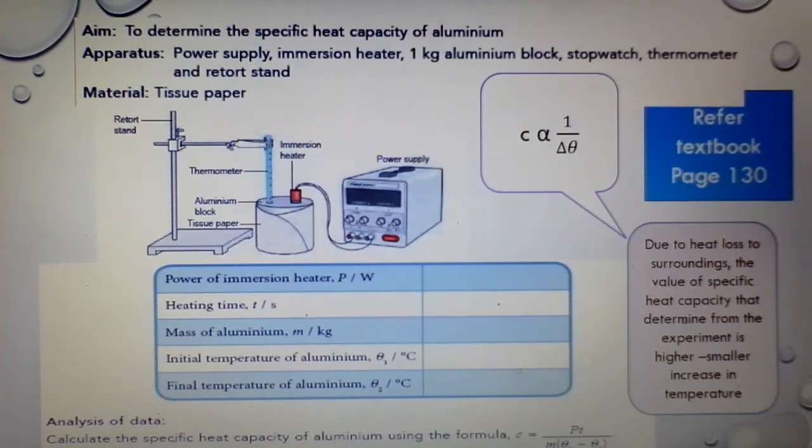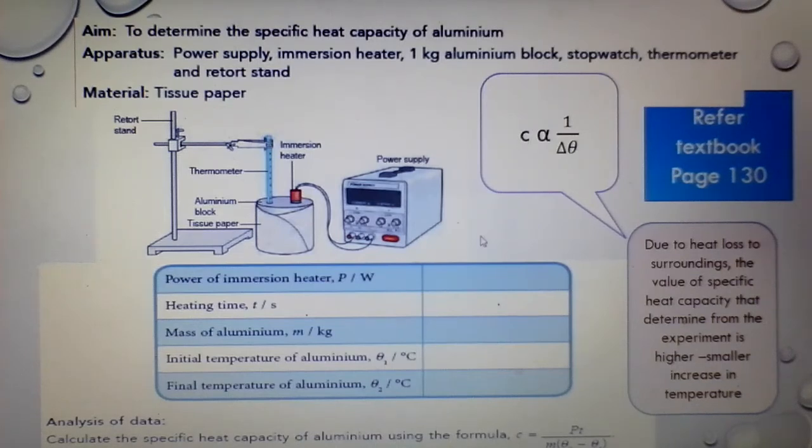That cannot be because there's always heat loss to surrounding. When there is heat loss to surrounding, the final temperature cannot rise higher. So this will cause change in temperature to become smaller. So when change in temperature is smaller, from this relationship, we get higher specific heat capacity. That's the reason why the value determined from this experiment is larger than the actual value.